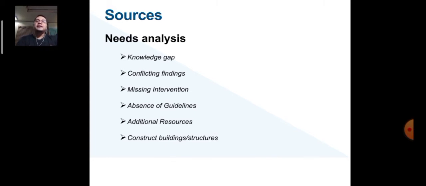Another thing is conflicting findings. When you talk about conflicting findings, I think one of my lessons in the masters was a presentation with regards to women in the past in terms of education, in terms of promotions and giving them opportunities. So there may be some facts that can be verified or proven to be true or not true.